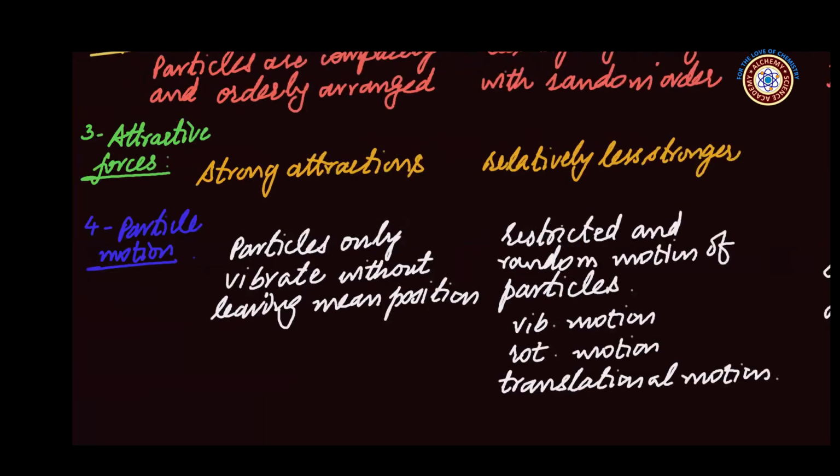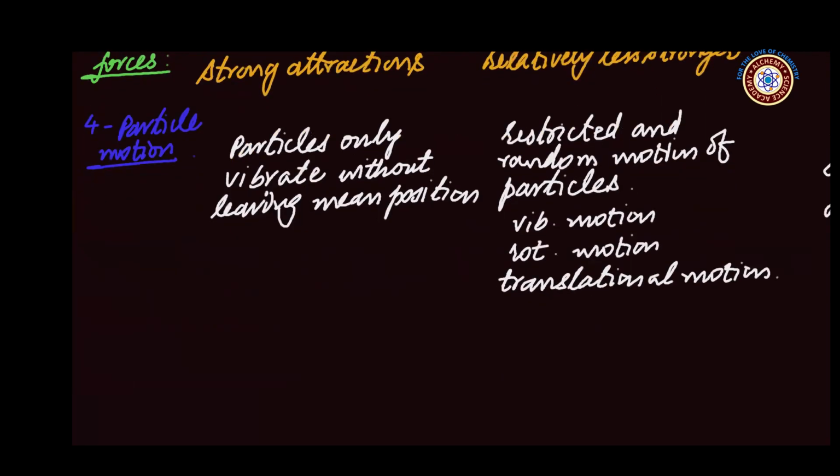Now let us move on to the next property of comparison, and that is density. Density is the property of a substance or matter, which is the ratio between its mass and volume.